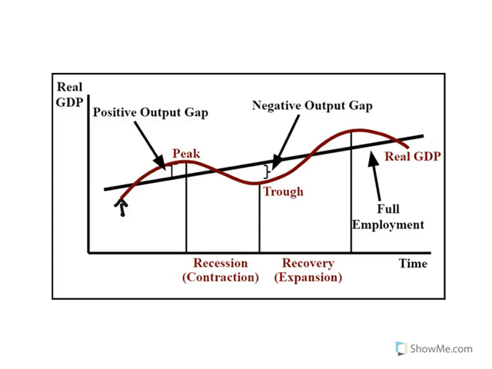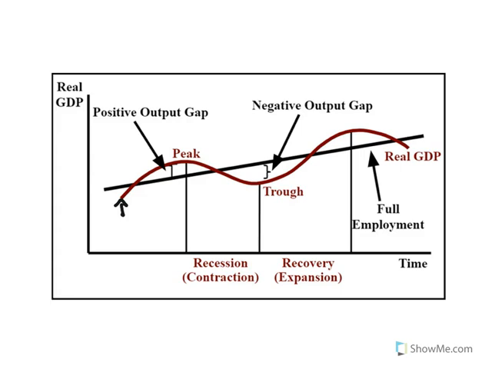Peaks and troughs as the economy goes above or below the line. And we're trying to smooth out those gaps so that the red line is as close to the black ascending line as possible. In this video, what I want to do is model those gaps, positive output gaps and negative output gaps, using the aggregate supply and demand model we developed in the last unit.